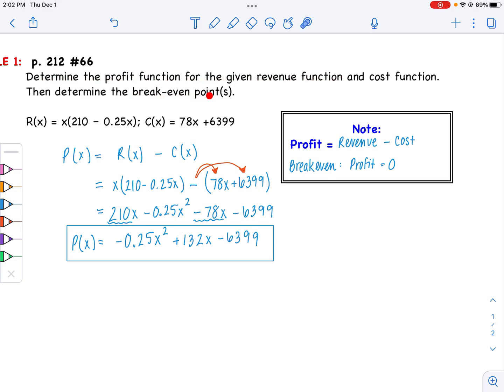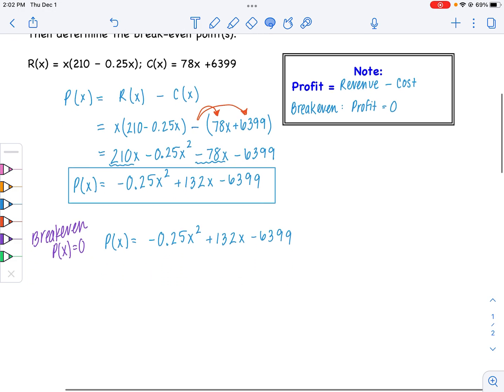Now the second part is the break even, so that's this part right here, when profit equals 0. So if I'm doing break even now, it means profit equals 0. So taking the function that we just found, the new idea is that this will be 0.